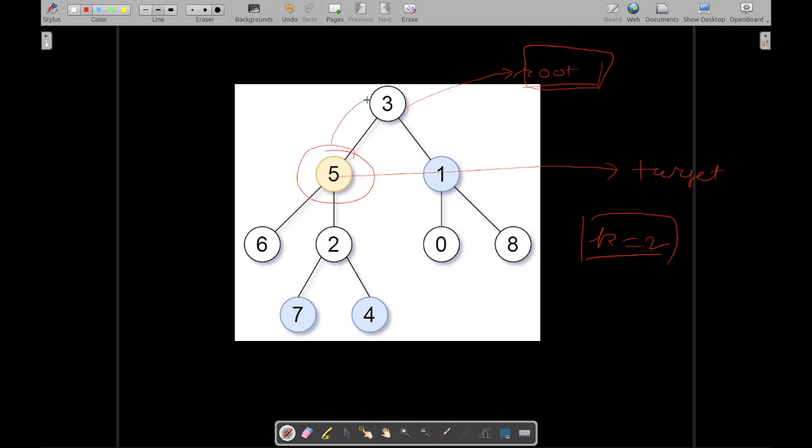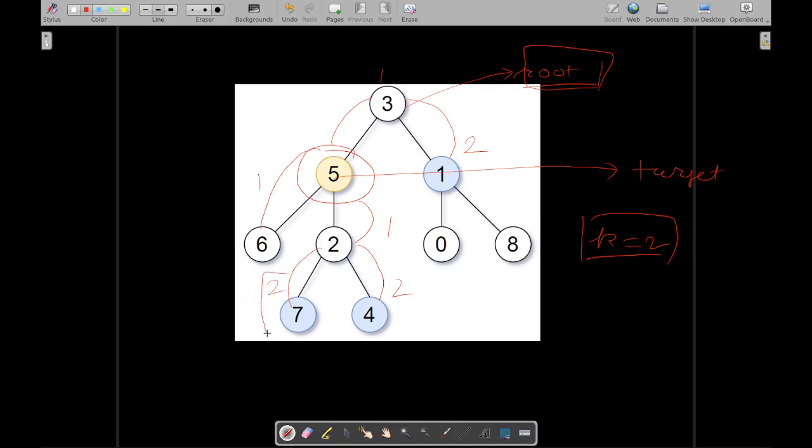So 3 is at distance 1. 1 is at distance 2. 6 is at distance 1. 2 is at distance 1. 4 is at distance 2, and 7 is at distance 2.